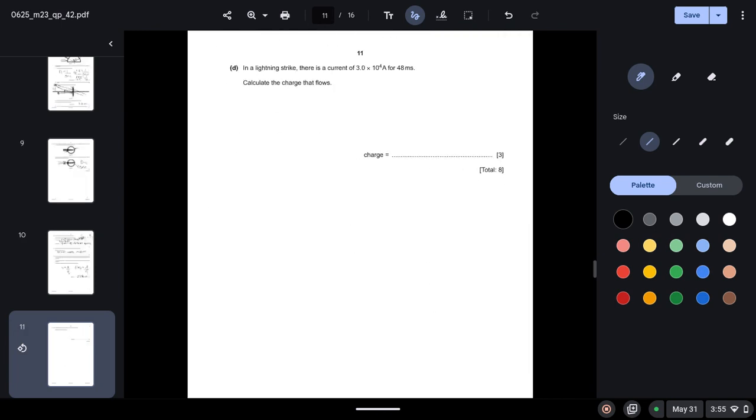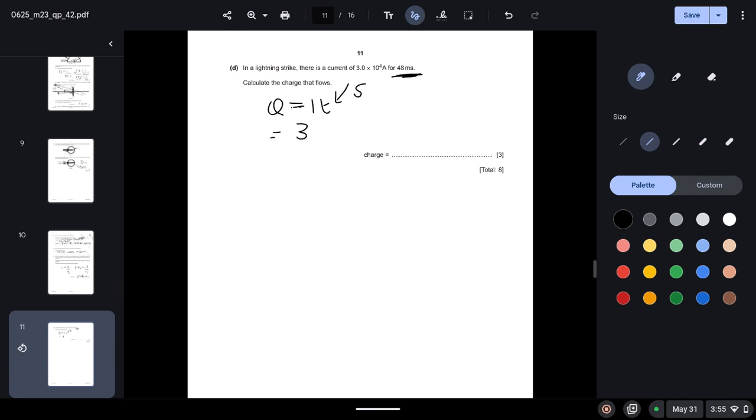In a lightning strike, there is a current of 3 into 10 to the power 4 amperes for 48 milliseconds. Calculate the charge that flows. We know the formula for charge is Q equals I T, where I is your current and T is your time. But here be careful that time should be in seconds, and we have been given time in milliseconds, so we'll have to convert that into seconds.